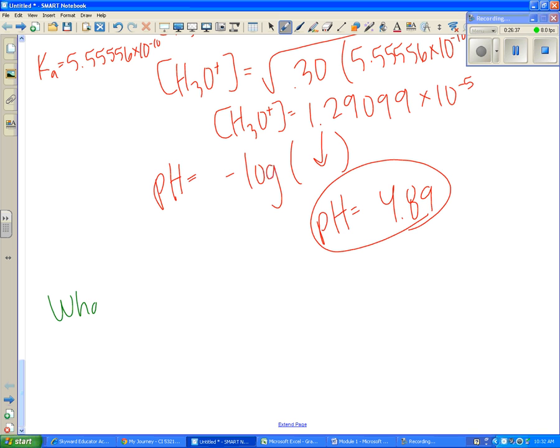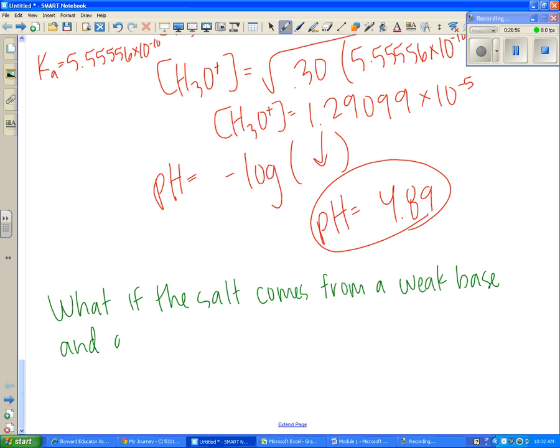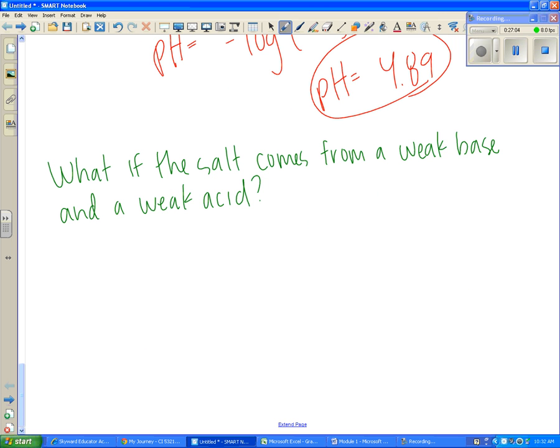What if the salt comes from a weak base and a weak acid? What if we have a salt like ammonium cyanide? We have a cation from a weak base and an anion from a weak acid.